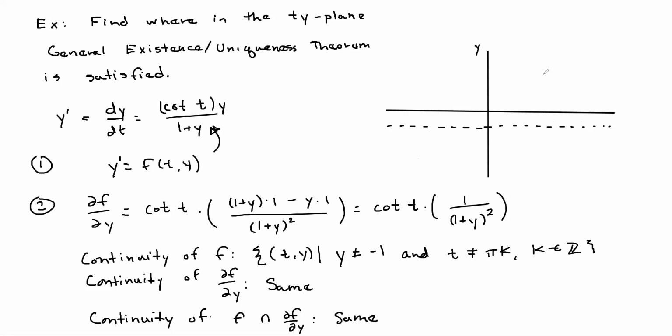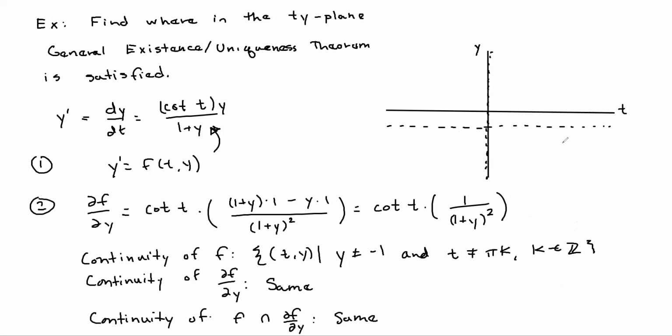So this is the y-axis, this is the t-axis. So t cannot be pi k, where k is an integer. If you haven't seen this, Z stands for integers. Integers are the counting numbers, the negative counting numbers, and 0. So you've got 1, 2, 3, 4, 5, 0, -1, -2, -3, -4, and so on. And so this is saying that we cannot have 0.